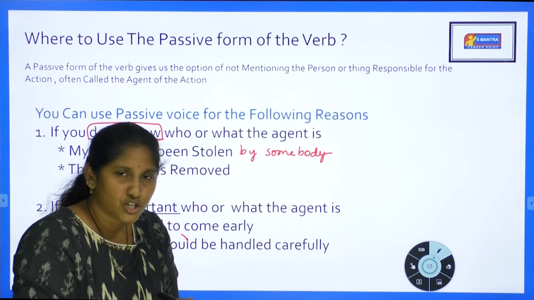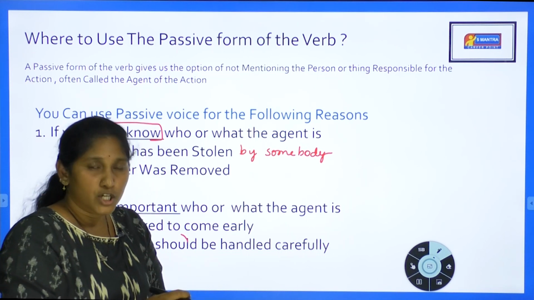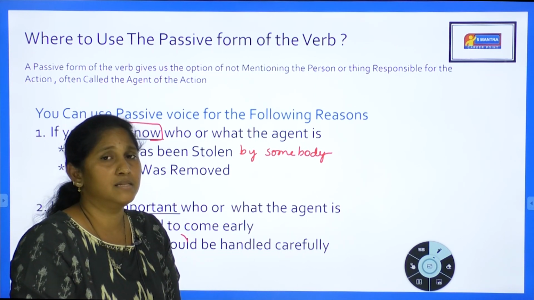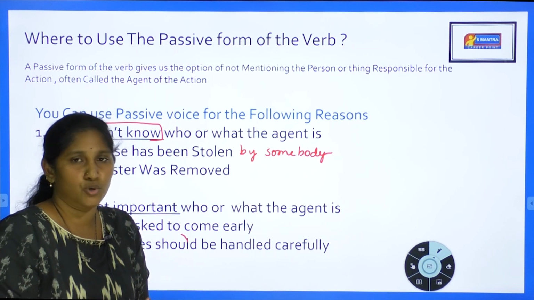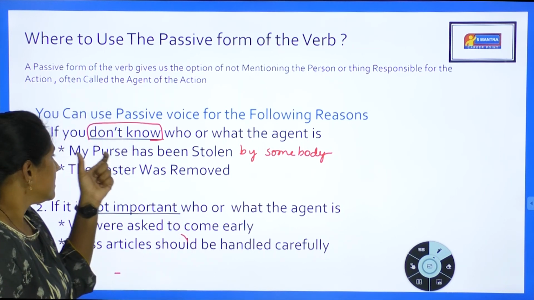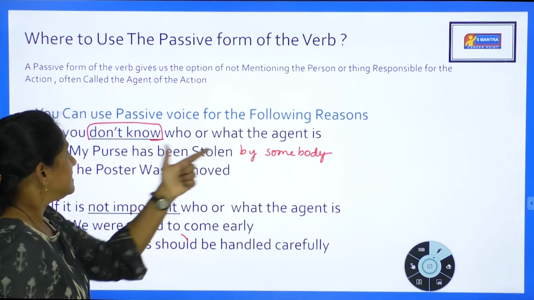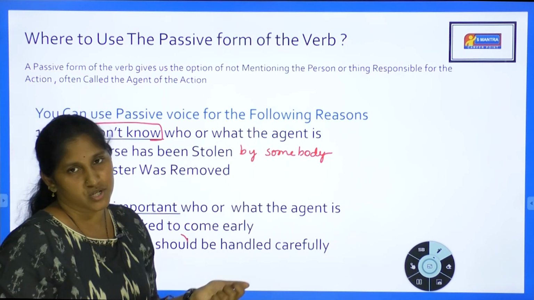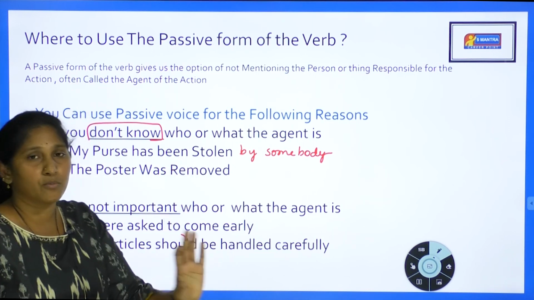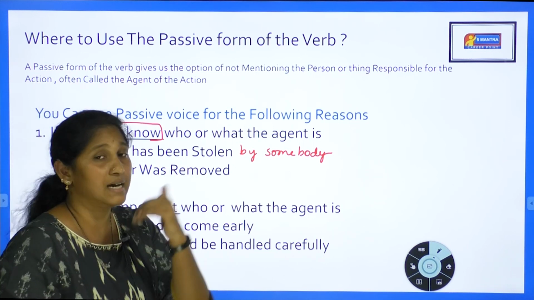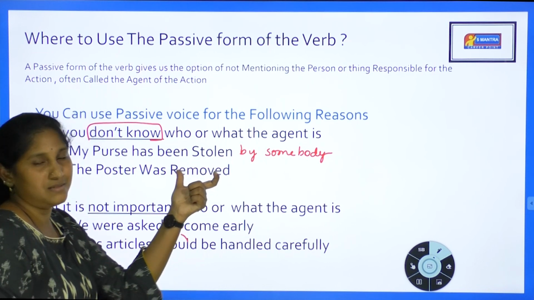What is the information about somebody? Do we know the information about somebody? We don't know. So that's why we haven't mentioned it. So, by somebody is a better option. But we don't know about the thieves' information. In that case, we can use the passive voice sentence.